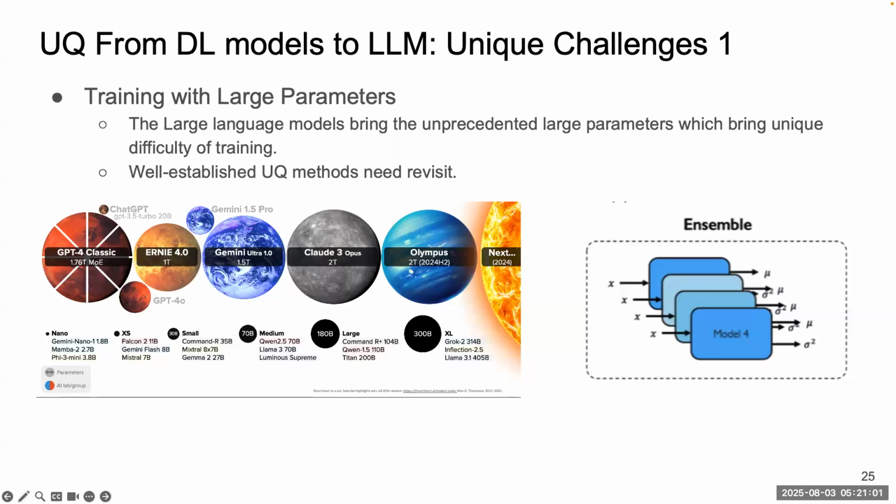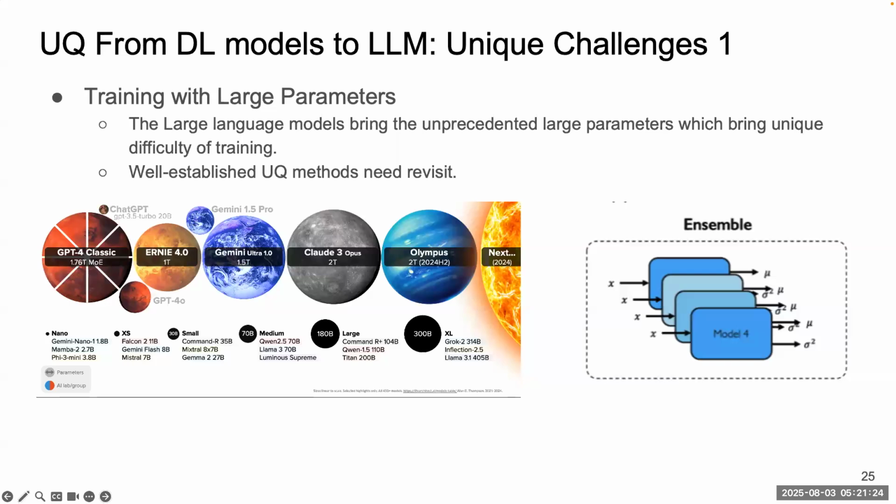One traditional way of estimating uncertainty is doing an ensemble. You train multiple models, and in order to calculate the model uncertainty, you calculate the variance of their mu, right?